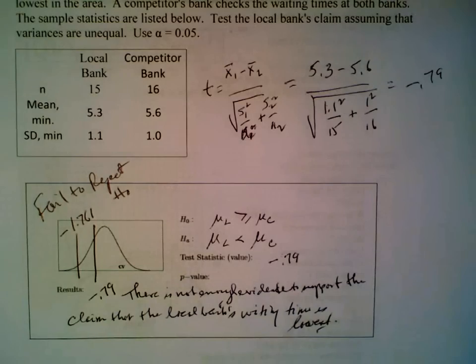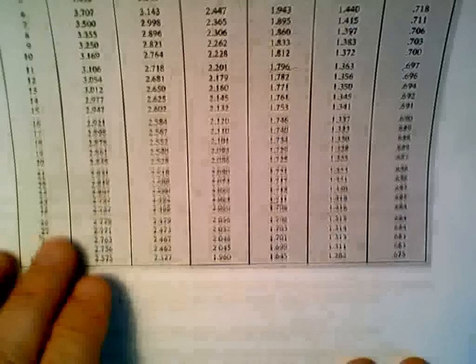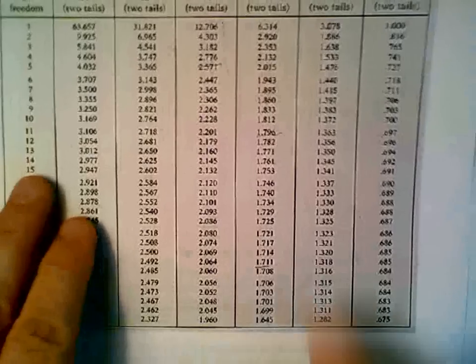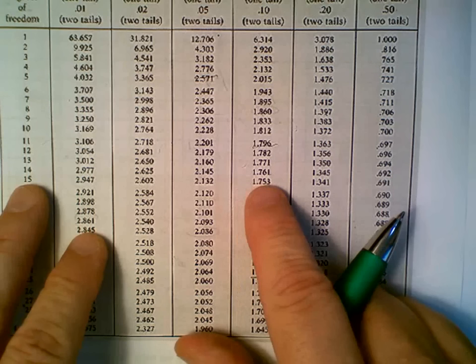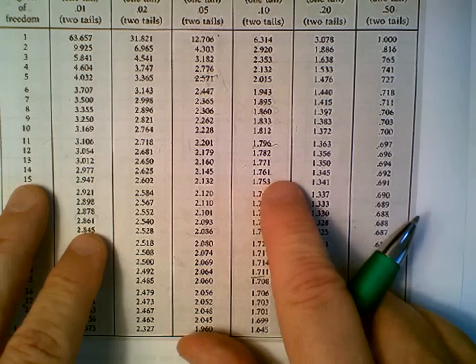Then for the p-value, since we don't have a calculator, pretending, we're going to approximate it using the table. We look at the 14 degrees of freedom line, and we look over and try to find out where 0.79 would go.